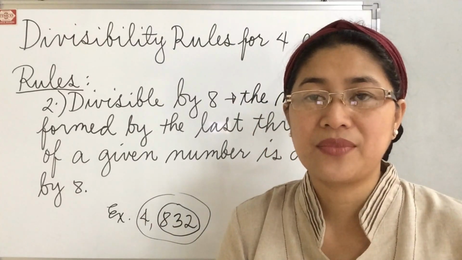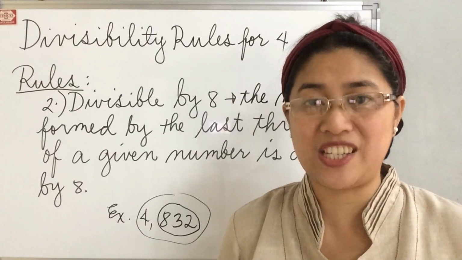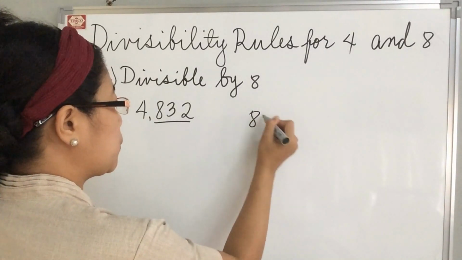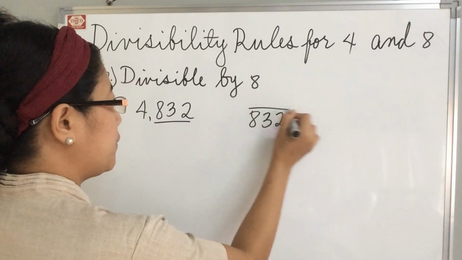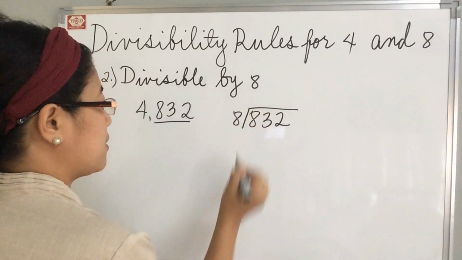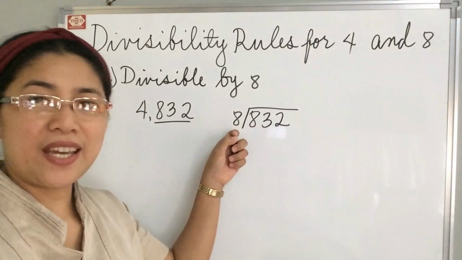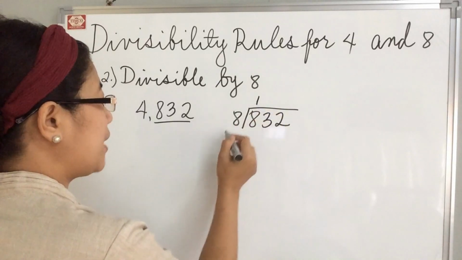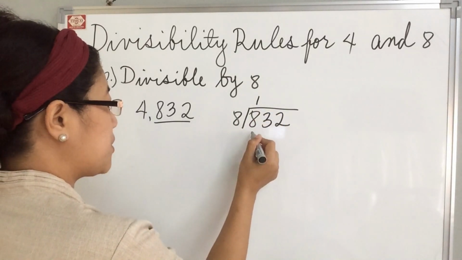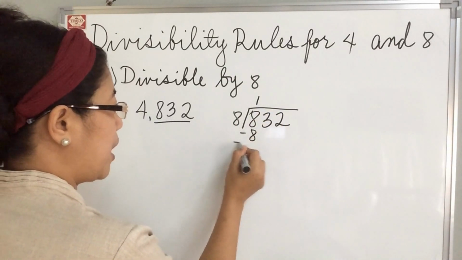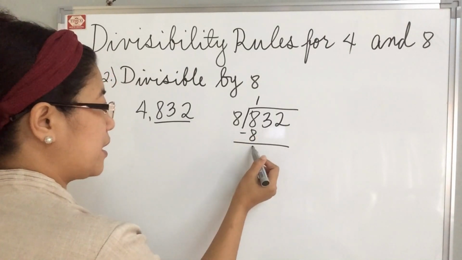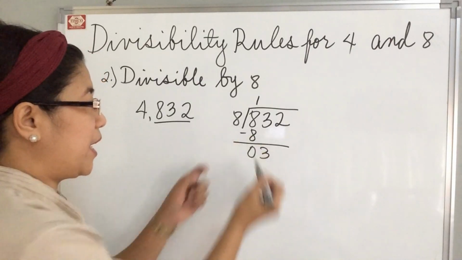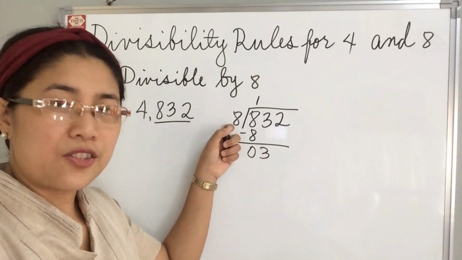So this time, it involves computation. Okay? So let's compute. So 832 divided by 8. So 8 divided by 8 is 1. Okay. 1 times 8 is equal to 8. Then subtract. 8 minus 8 is 0. Bring down 3. 3 divided by 8, what's the answer? 0.